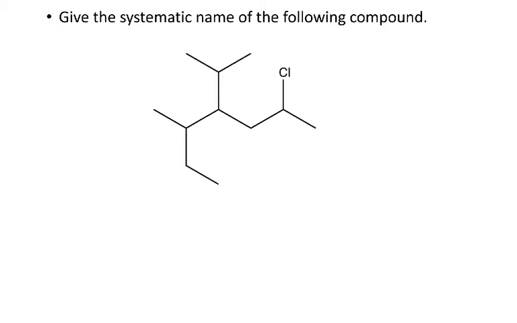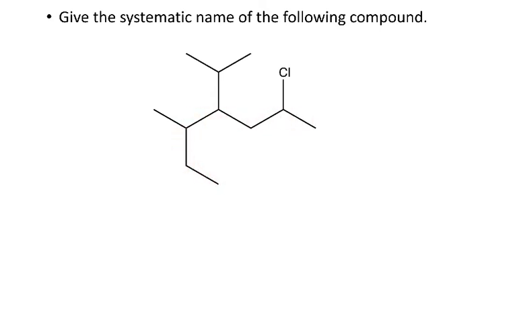Okay, here's another example. I think we need to be a little bit more careful on this one of determining the longest chain. It looks like I have 1, 2, 3, 4, 5, 6, but I think I like this one as my longest chain of 7.